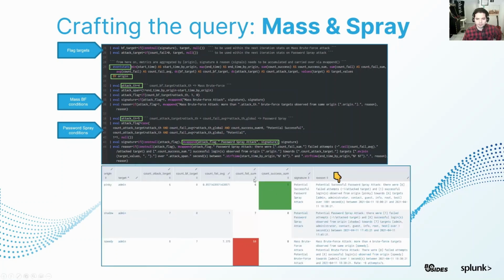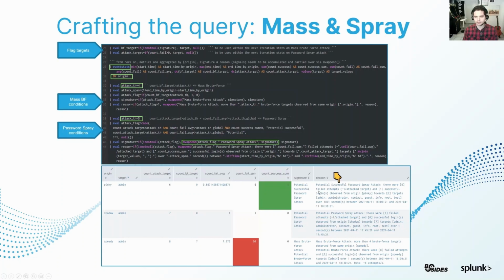And similarly to before, in the outputs I'm just filtering in a few columns so that it's easier to display. You can see the pinky origin with 6 failed attempts and 1 successful within the same time frame against the target admin.